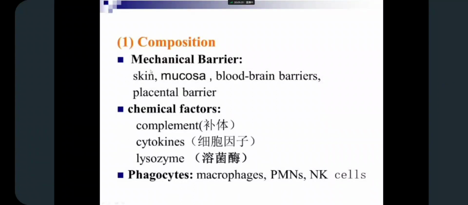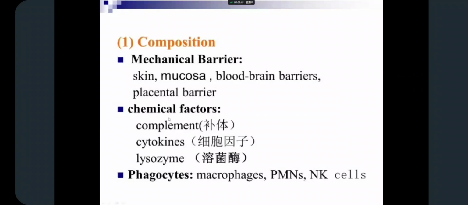The mechanical barriers include skin, mucosa, blood-brain barrier, and placental barrier.